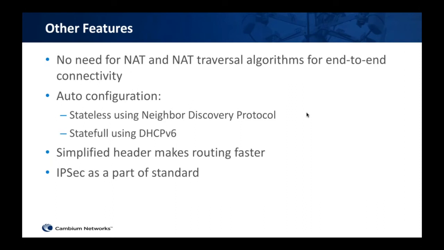And security is a part of the standard. Again, in the world of Internet of Things, all those internet-connected devices can encrypt all the data communications between each other, and it is a part of the standard.